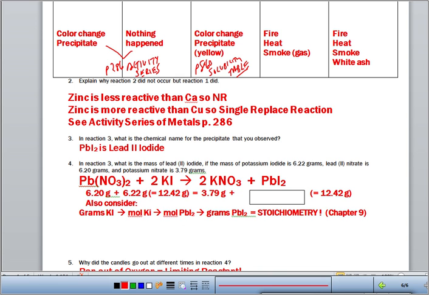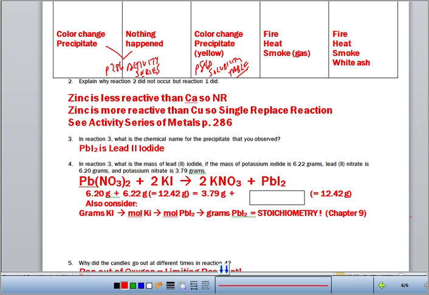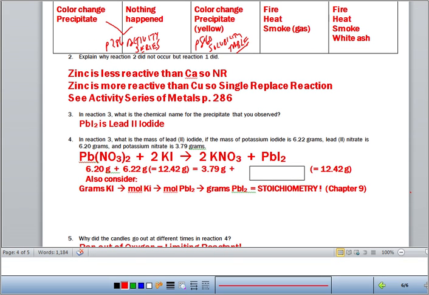Now this one right here is really getting us into chapter 9. This is a stoichiometry question. There are 2 kinds of stoichiometry: composition stoichiometry and reaction stoichiometry. Reaction stoichiometry is what we're starting to focus on now. Composition stoichiometry is just how many moles are there in this mass of a substance, or what would the mass of this many moles of a substance be.